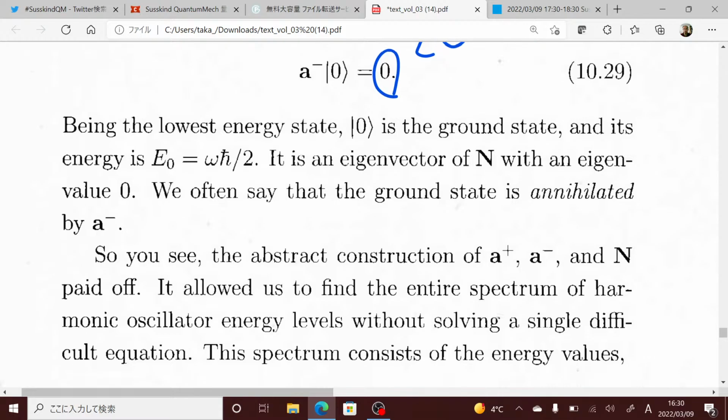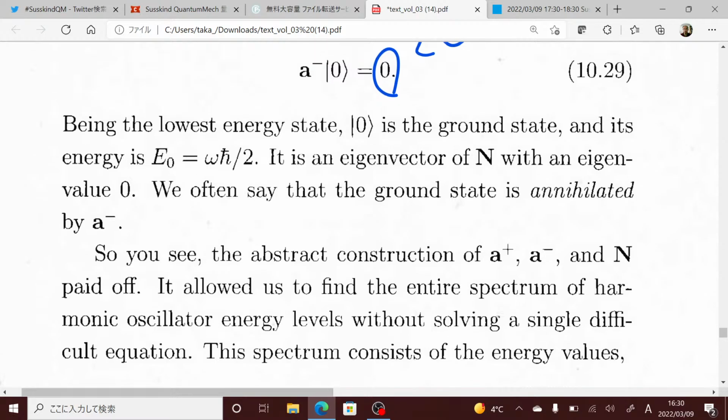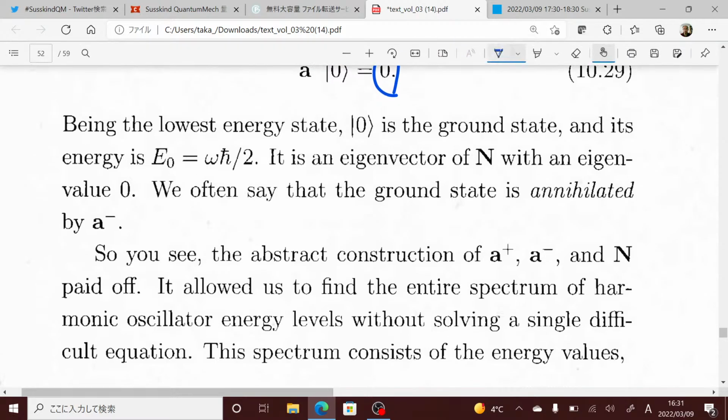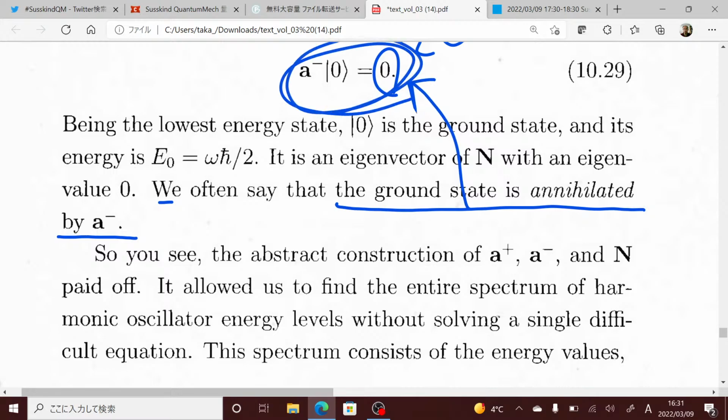We often say that the ground state is annihilated by A minus. We often say this thing as the ground state is annihilated by A minus.